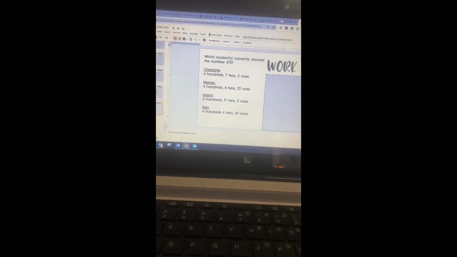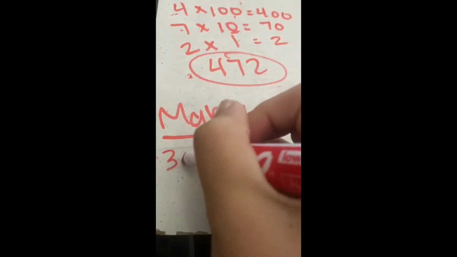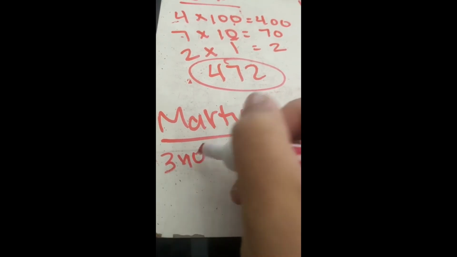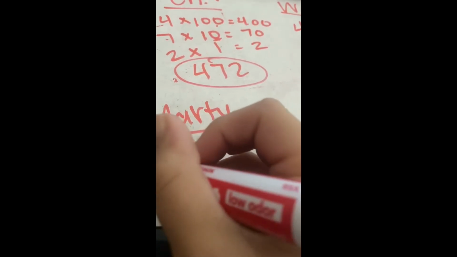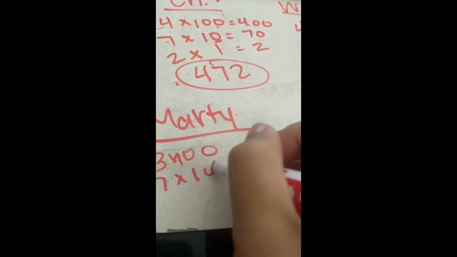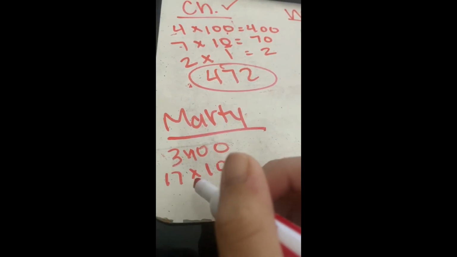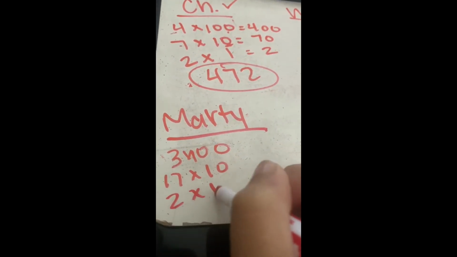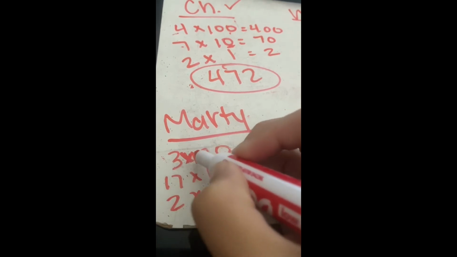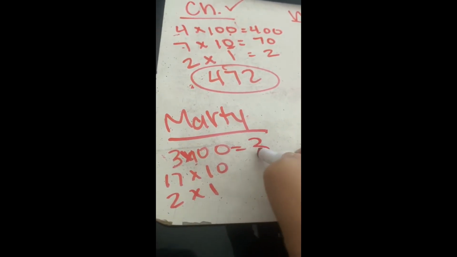Marty said 3 hundreds, 17 tens, and 2 ones make 472. So 3 times 1 is 3.